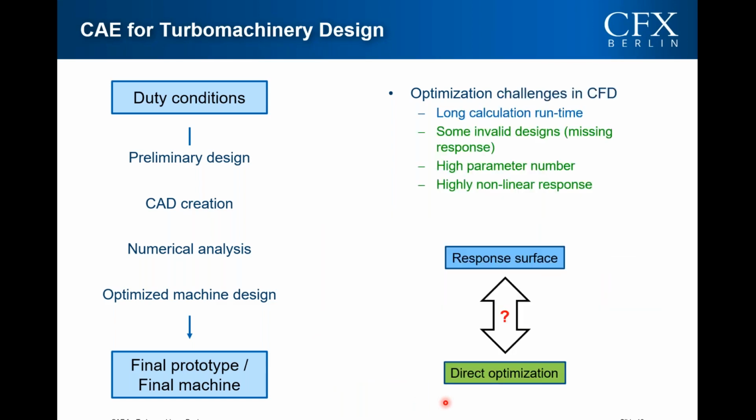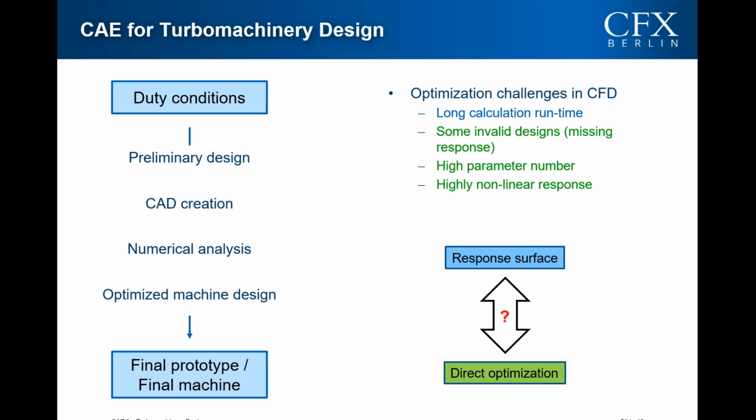When deciding what approach to use, we should know about the specific optimization challenges in CFD. First, we have long calculation runtimes, which makes an optimization on a response surface a good choice. On the other hand, we will most likely produce some invalid designs, especially when covering the whole parameter space. Meta model algorithms are likely to fail when too many designs give no response.